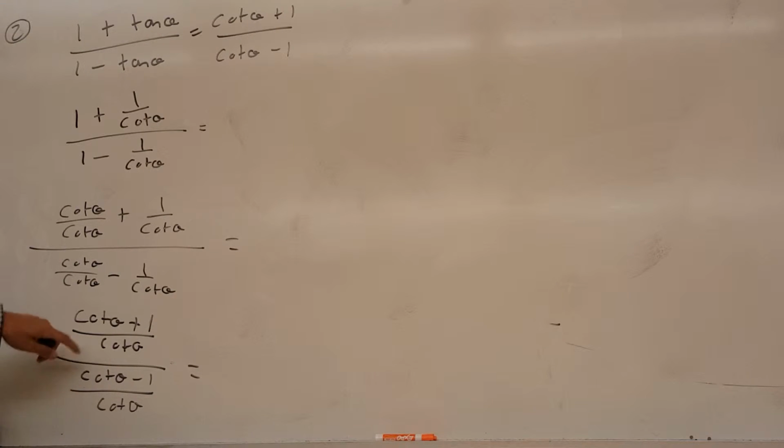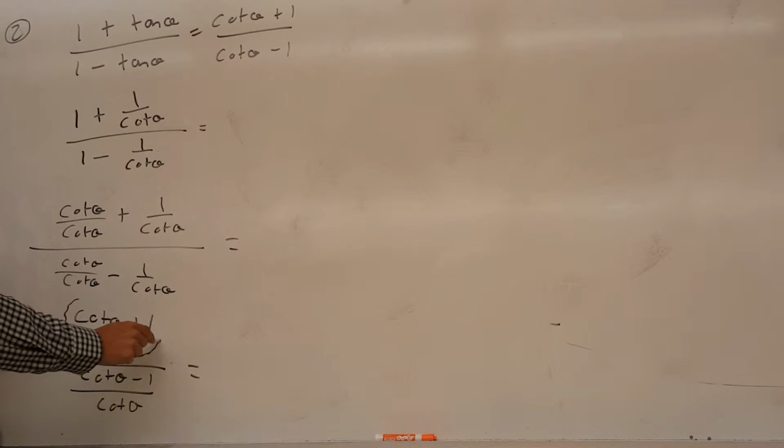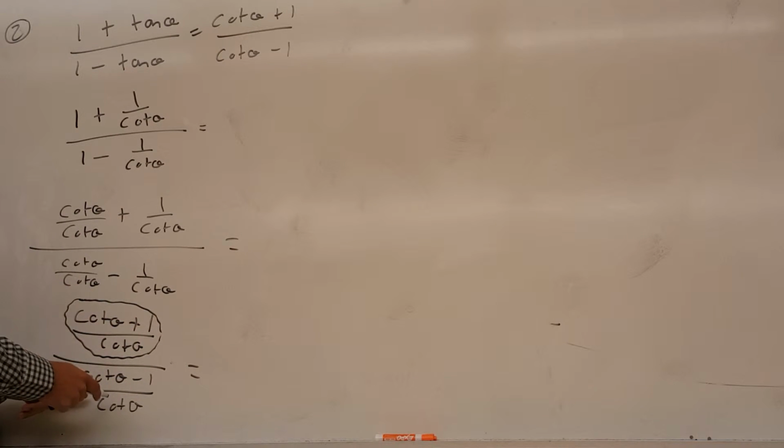We have this double fraction here, a fraction divided by a fraction. So I'm taking my first fraction, this is my numerator, and dividing it by this fraction. When we divide fractions, we keep the numerator, multiply by the reciprocal of the denominator.